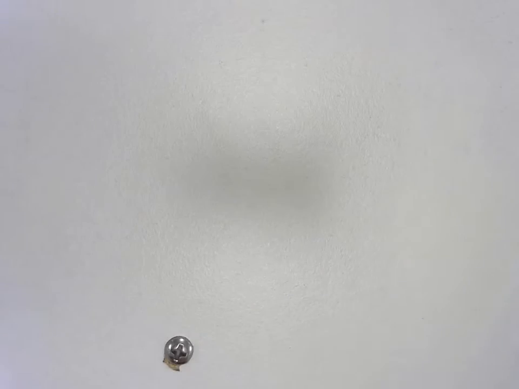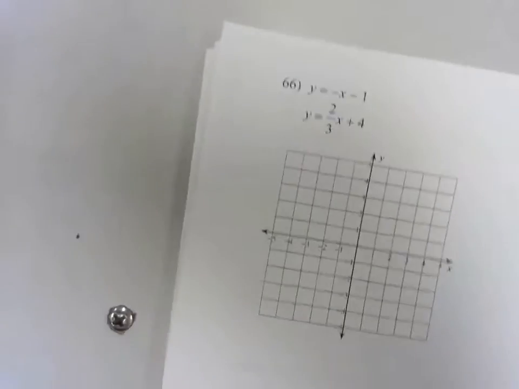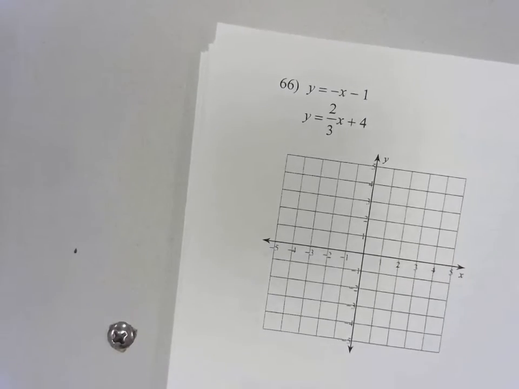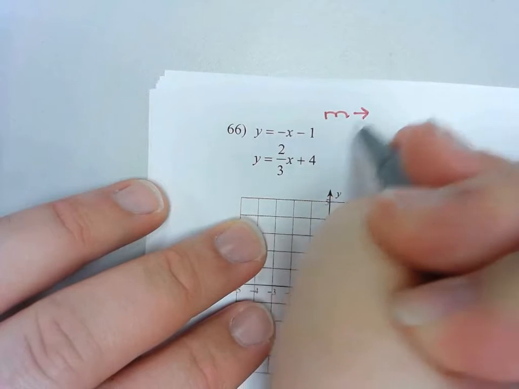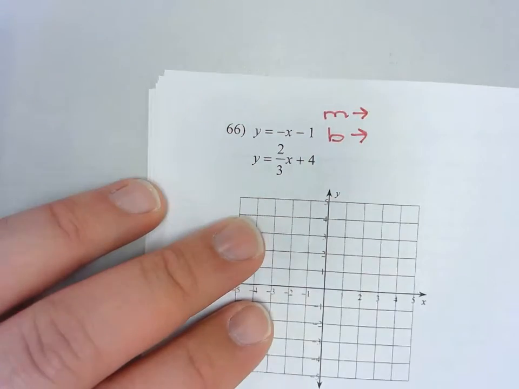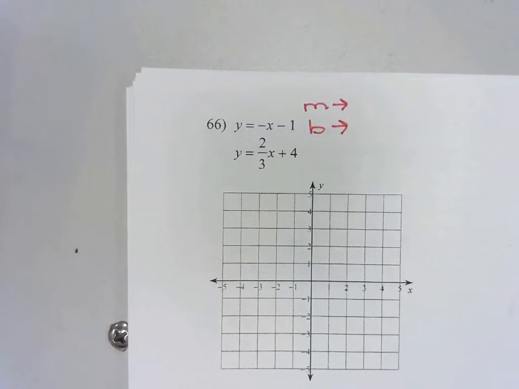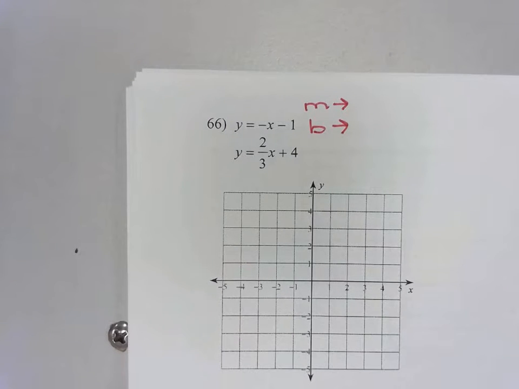Let's look at 66 real quick. So as I look at 66, let's go ahead and graph these two lines. These are linear because it's x to the first. And see where they cross. Okay, so as I look at 66, the top equation, my slope, guys, listen up please.